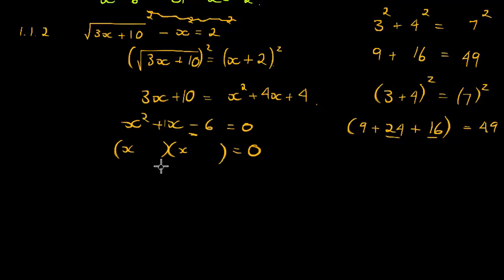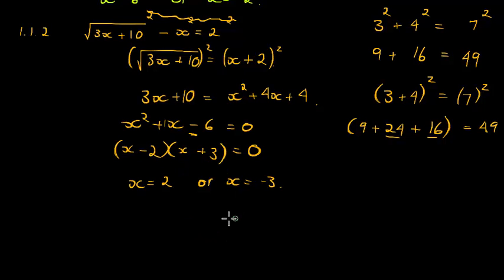What times what gives me 6? 2 and 3 gives me 6, and they have a difference of 1. Do you see? That's what we have, the difference of 1. It's a positive 1, so we'll have positive 3, negative 2. Okay, so x is either equal to 2 or x is equal to negative 3.